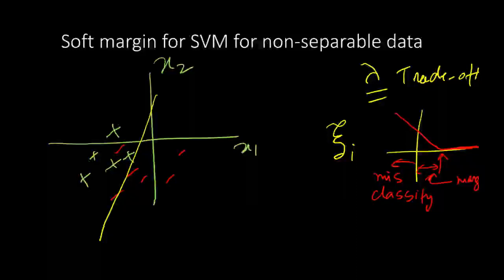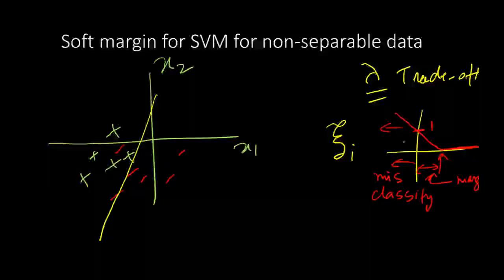It will be 0 when the points are on the correct side of the margin. It will be greater than 0 when they are on the wrong side of the margin. When they are misclassified, at that point it will take the value 1, and when they are further away towards the misclassification side, it will be greater than 1. So there will be a range in which it will be between 0 and 1.